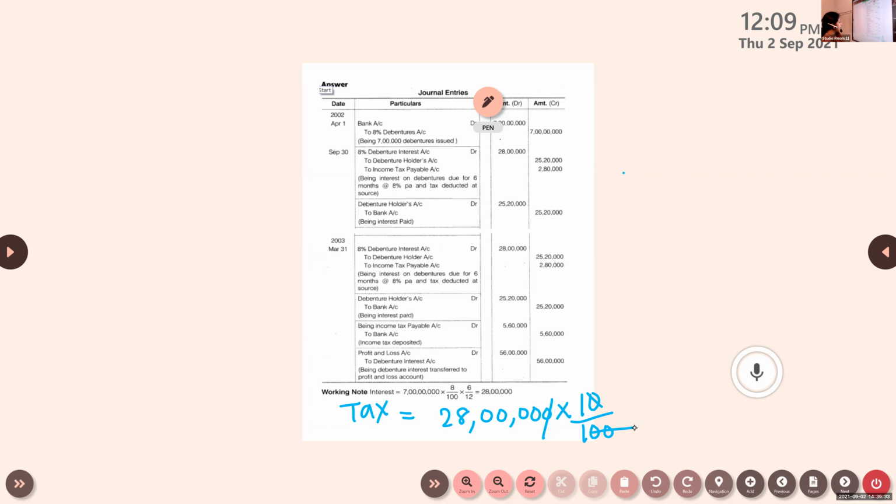It is debited to profit and loss account, debenture interest.